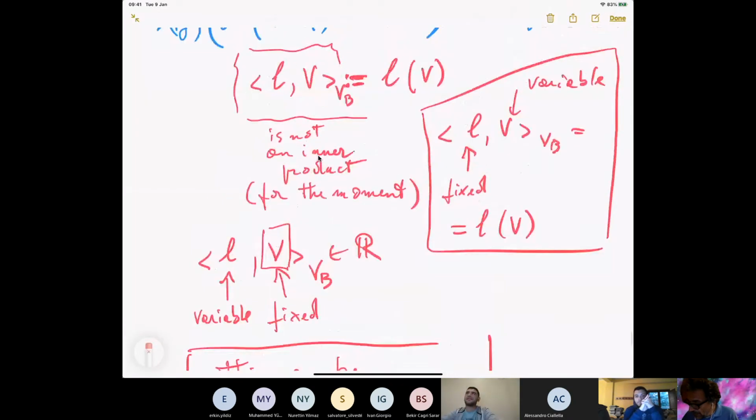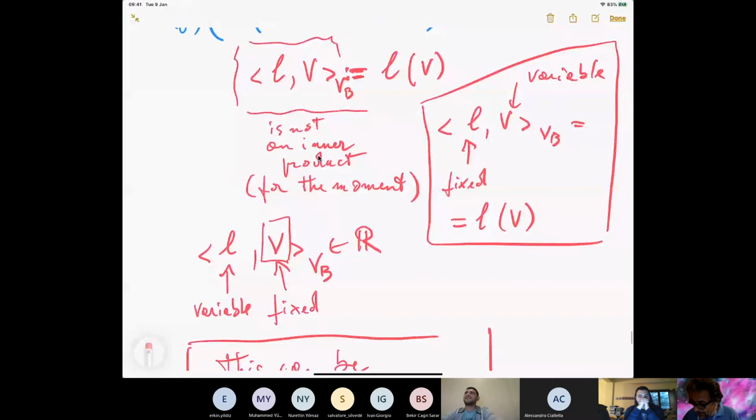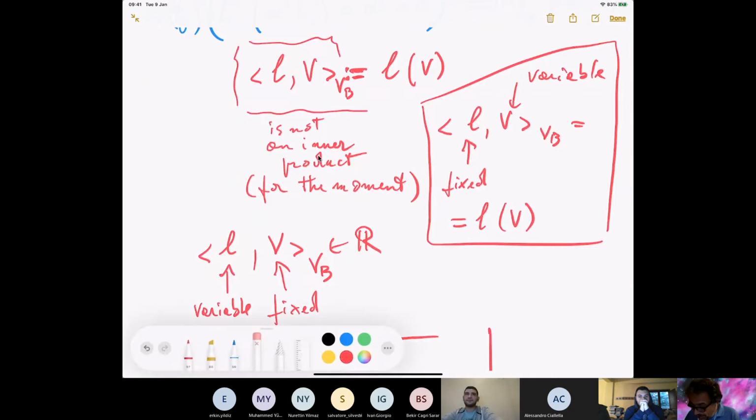So this is a way you can pivot: with a fixed V you vary L, and you can fix L and you vary V. And in this way, you get all possibilities in the duality.